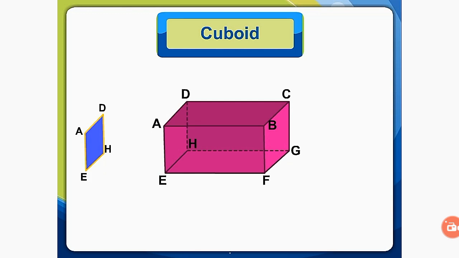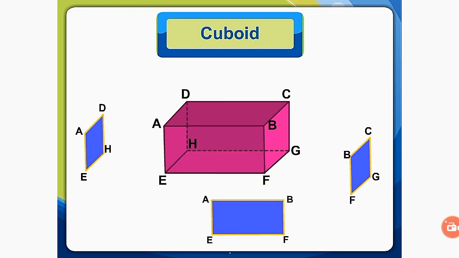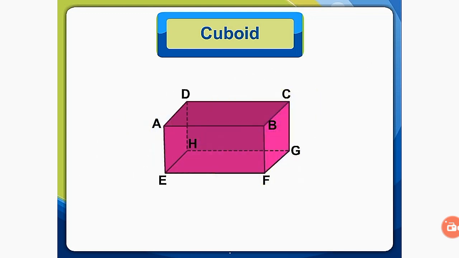So ADHE is the left side face, and BCGF is the right side face, and ABFE is the front face, and CDHG is the back face. So these 4 faces are called the lateral faces of the cuboid.